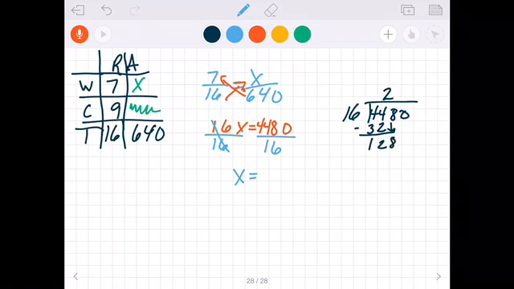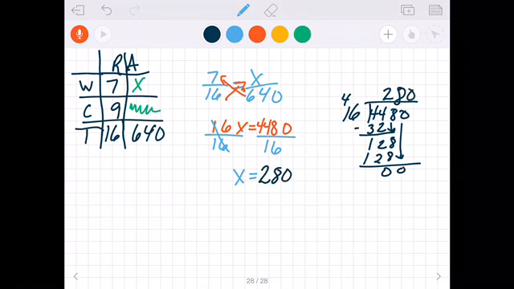How many times does 16 go into 128? Well, I see 32 here, and I think, well, 4 times 32 is 128. So that tells me that 16 goes into 128 8 times. Let's see if I'm right. 8 times 6 is 48. Carry the 4. 8 times 1 is 8, plus 4 is 12. There we go. We get 0. We bring down the other 0. And we find out that x equals 280.